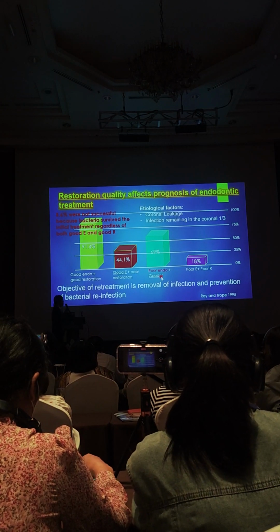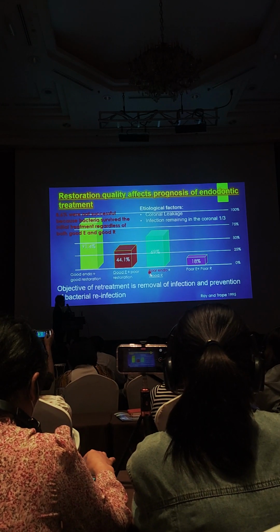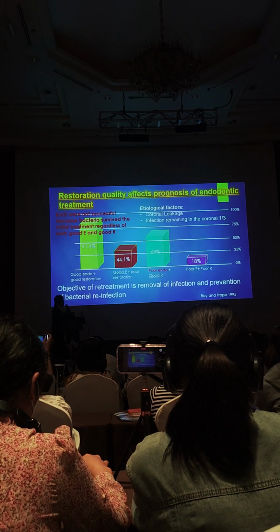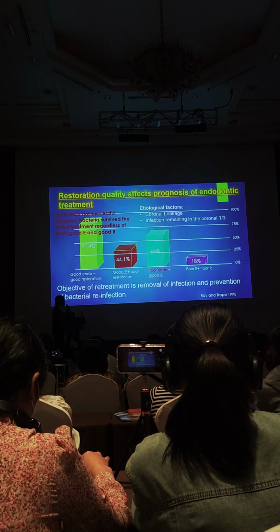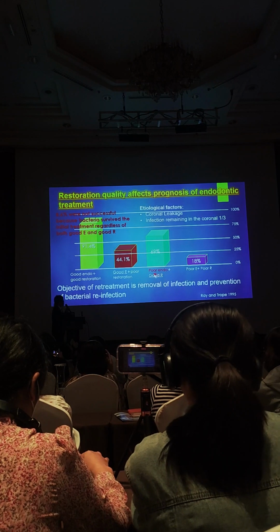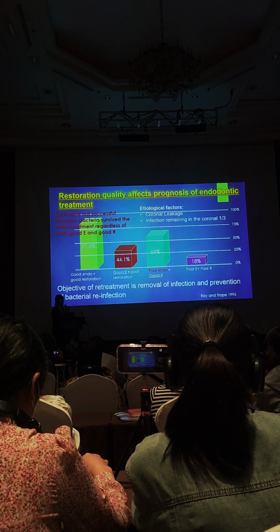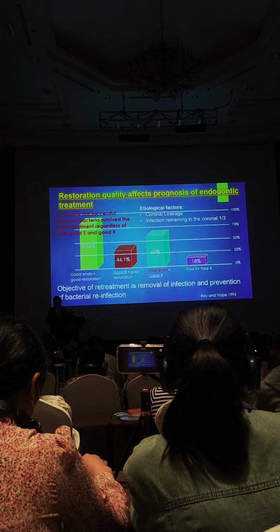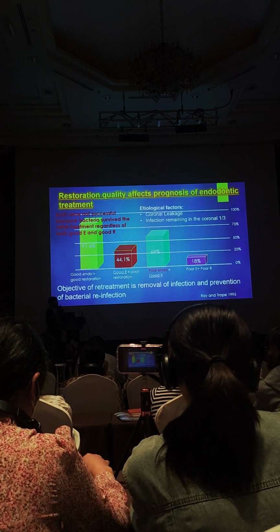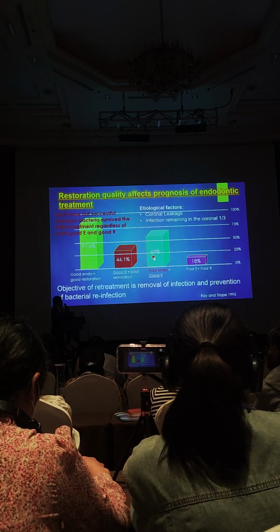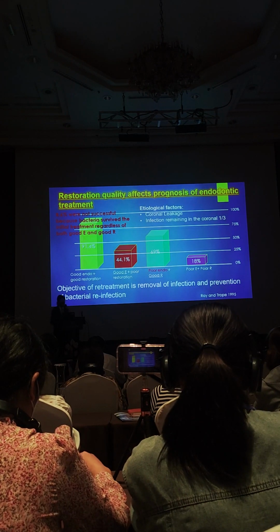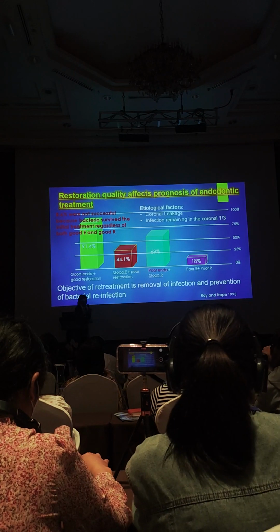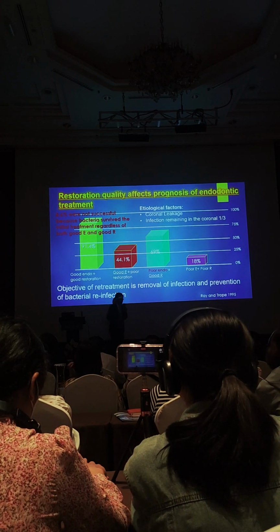However, even if you did a poor endo, you didn't do a good job in endo treatment, if you place a good restoration without any marginal gap, your endo success rate is higher, almost 70%. This is why the coronal restoration is very important.